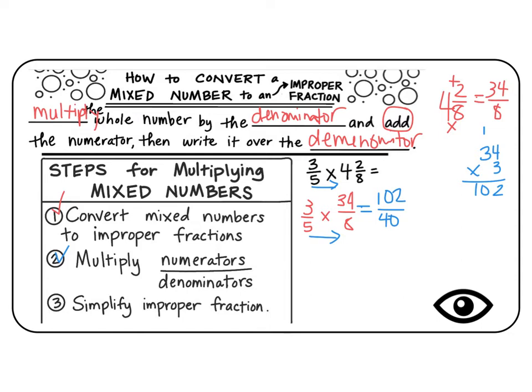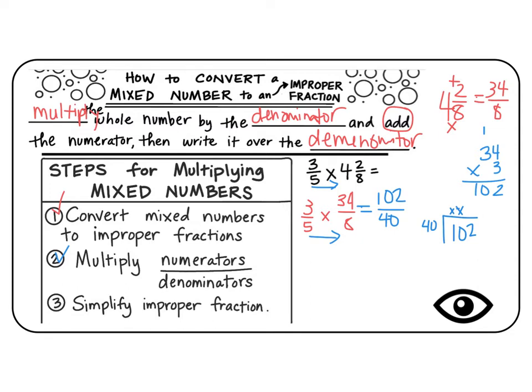And now our step 3 is to simplify. 102 is way bigger than 40, so we can divide to solve that. So 102 divided by 40. 40 doesn't go into 1 or 10, so it has to go into the whole number 102. So 40 and 40 is 80. And 3 times 4 is 12, so 120 would be too much.